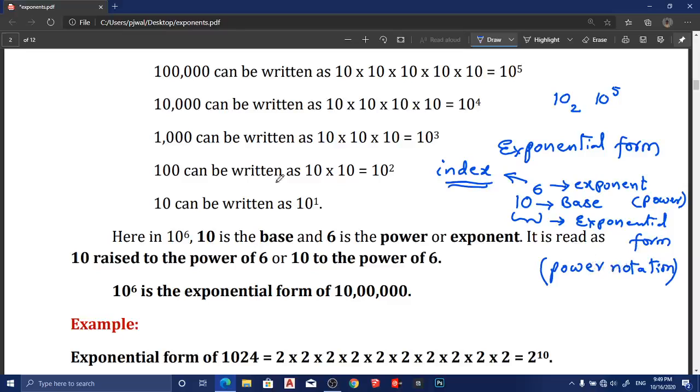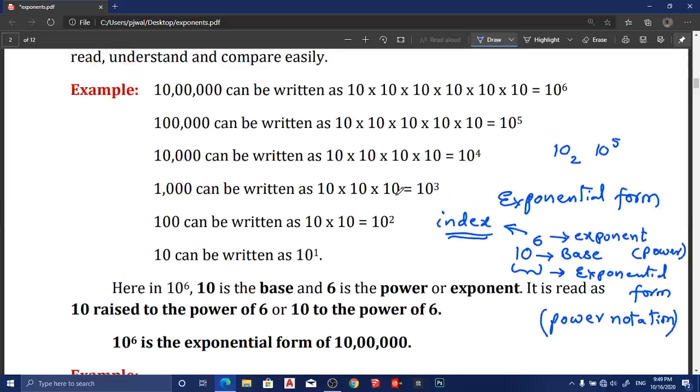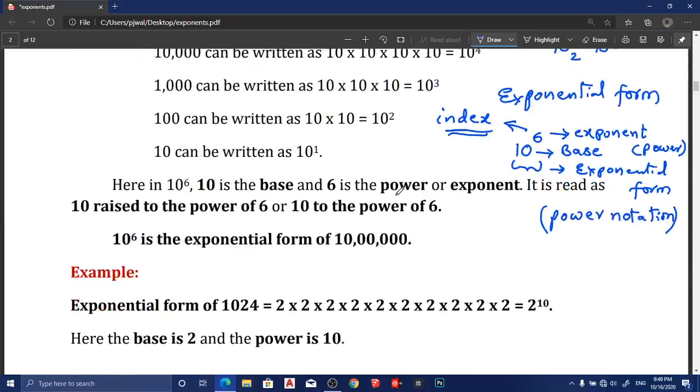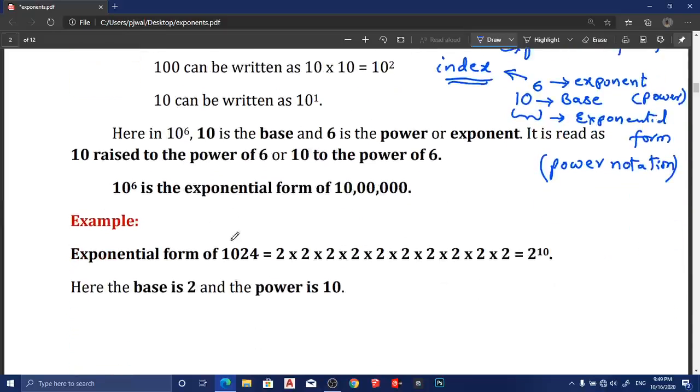Okay, here these are the exponential forms, and you are writing only tens, hundreds and thousands. If a normal number is given like 1024 or 562, how can you write it in exponential form? You have to convert that number into the product of prime factors.